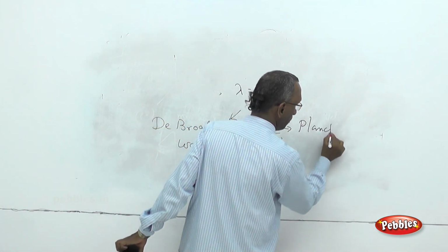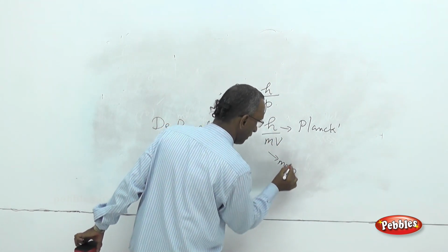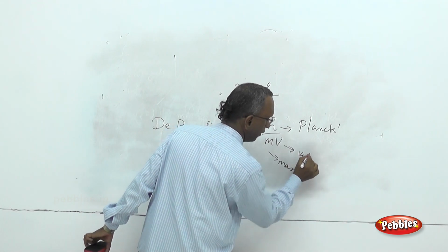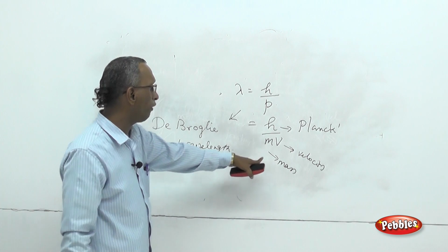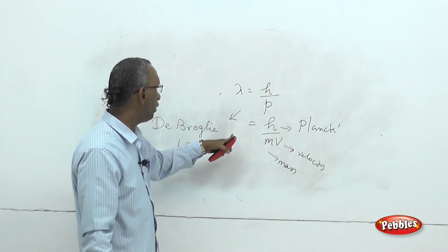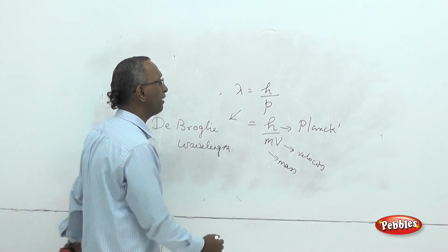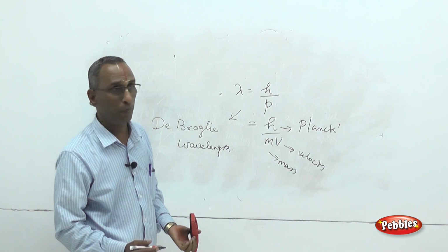Here h is called Planck's constant, m is the mass of the particle, the electron, and v is the velocity of the particle. So if a particle of mass m moves with a velocity v, its wavelength is given by lambda equals h by mv. That is to be noted.